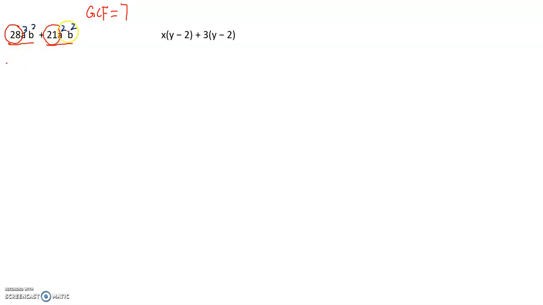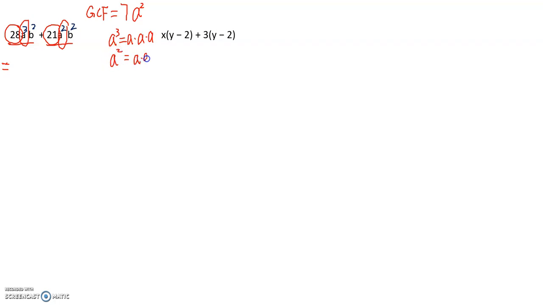So now we can look at the variables. A cubed and a squared, what do they have in common? If you follow the tip from the previous video, you're always going to take the one with the lowest exponent. So a cubed and a squared. When you think about it, it makes sense, because a cubed means we have a times a times a, three copies of a.